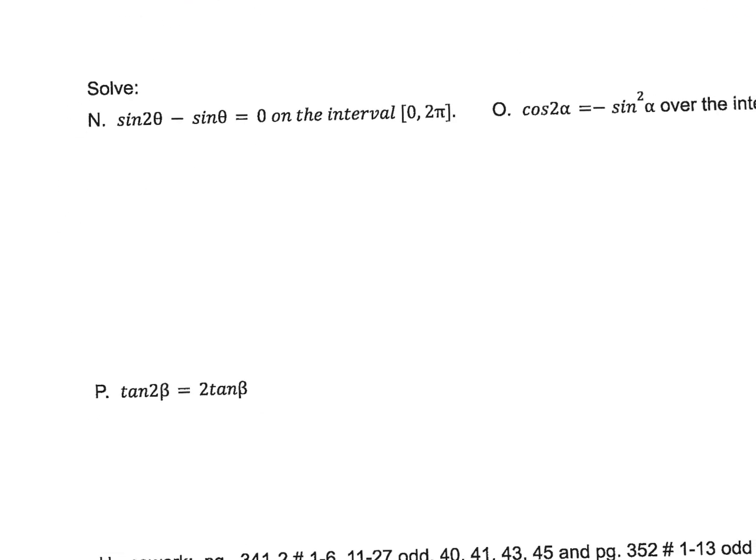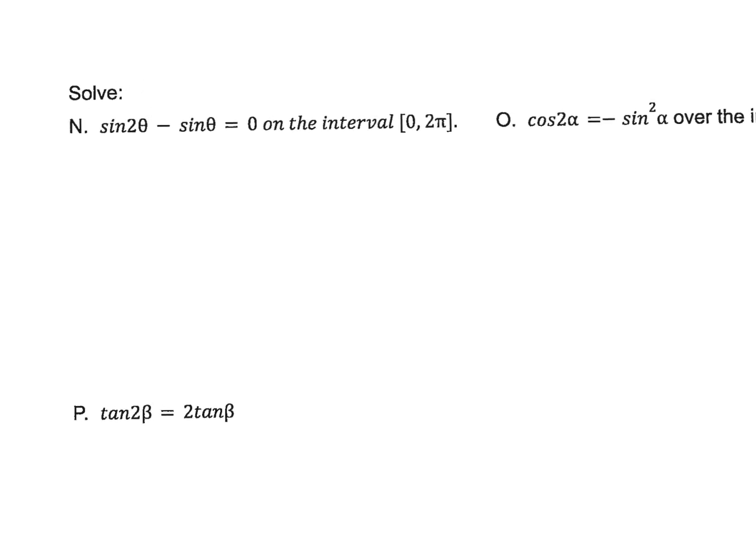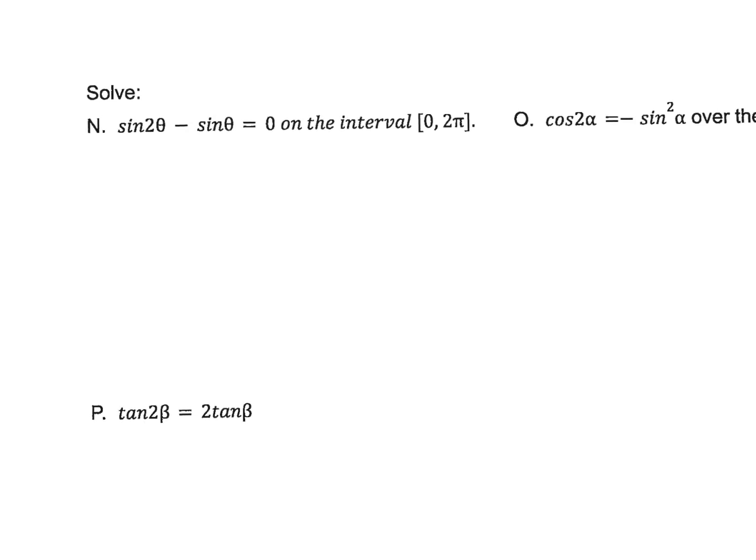Okay, so to solve equations, what you need to do is figure out what to plug in. Well, this is the one right here, sine 2 theta. We know that's equal to 2 sine theta cosine theta. So this became this, all right? Now we can see that they both contain sine, so we're going to factor it out.